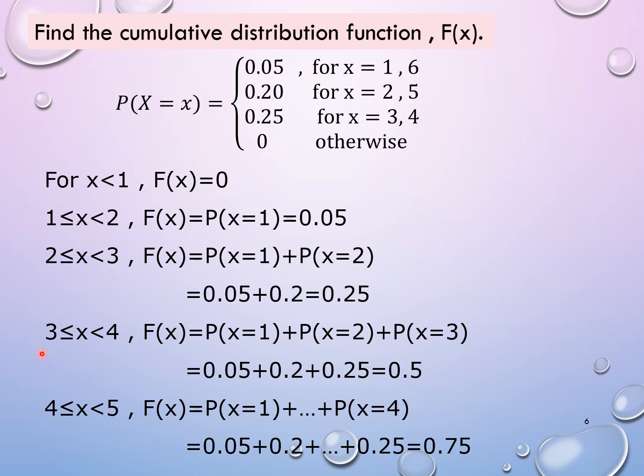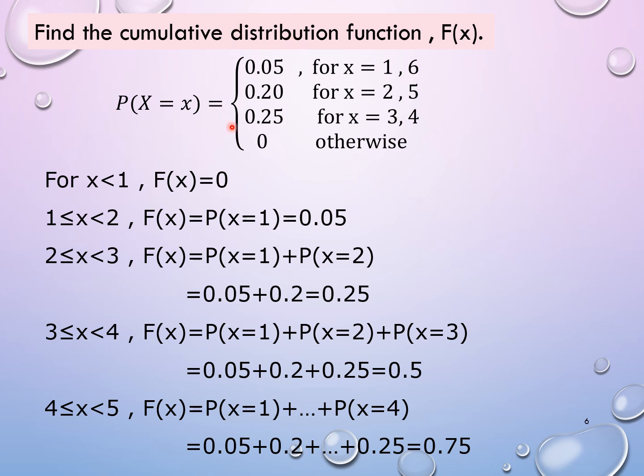Again, we repeat the same procedure. If here we stop until 4, now we start again with 4, which is included. X greater than or equal to 4, less than 5. So the cumulative F(x) is equal to probability x equal to 1 until x equal to 4, up until 4. 5 is not included.